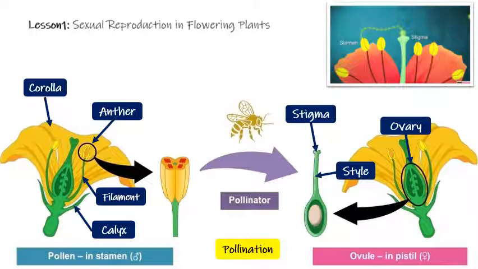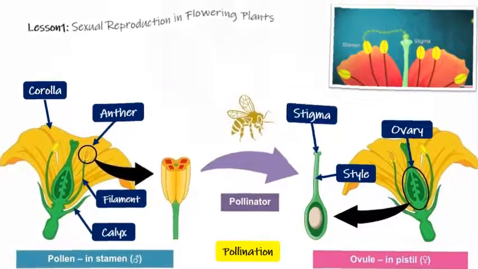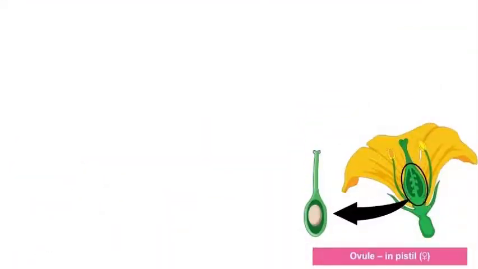So again, when pollen grains are moved from the male anther to the female stigma, we say that this is pollination. Pollination is the first step of the reproduction process.